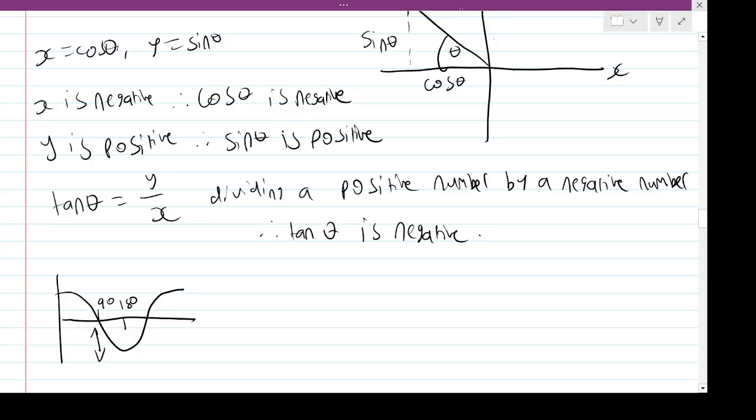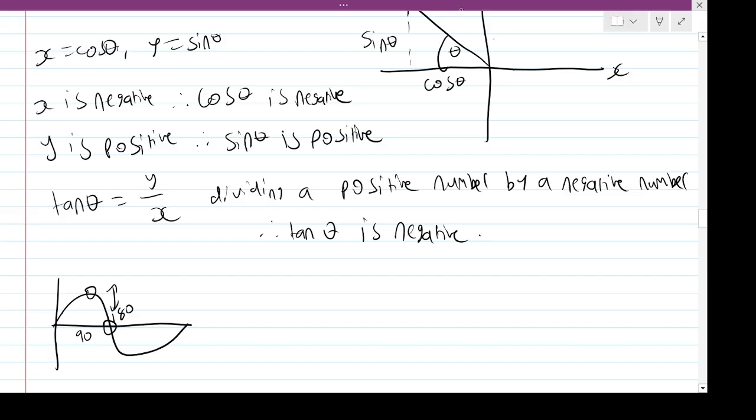Hence, there we are. If we did the same for the sine, so if it's in the second quadrant, the angle would be between 90 and 180. So the sine graph looks like this. Again, 90 is there and 180 is there at 0. Between these 2 points, it's on the positive y-axis, so it's positive.